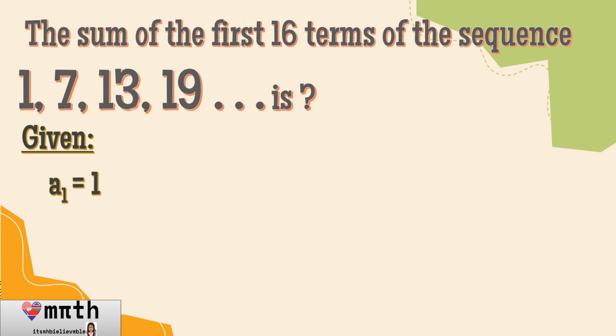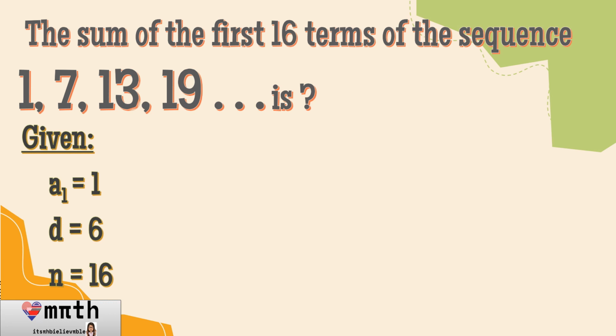Our a sub 1 would be 1 for the first term. d would be 6, since 7 minus 1 is 6, 13 minus 7 is 6, and 19 minus 13 is 6. So the common difference d would be 6. Our n would be equal to 16, since we are looking for the sum of the first 16 terms.